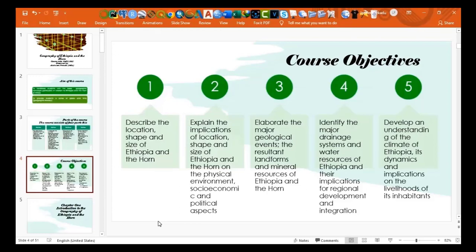Thirdly, elaborate the major geological events, the resultant landforms, and mineral resource of Ethiopia and the Horn.